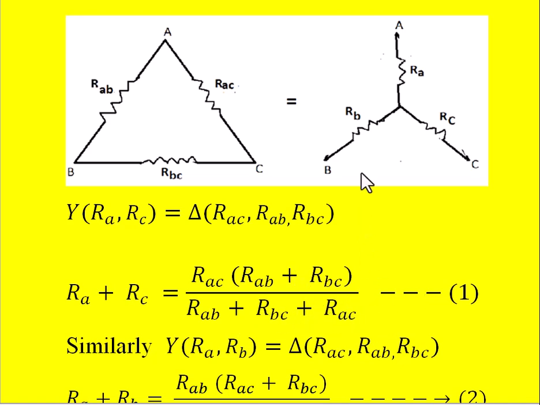Since we say these two are equivalent between terminals A and C, RA plus RC must be equal to RAC into RAB plus RBC divided by RAB plus RBC plus RAC. And say this is equation 1.